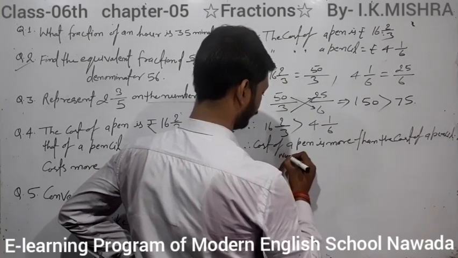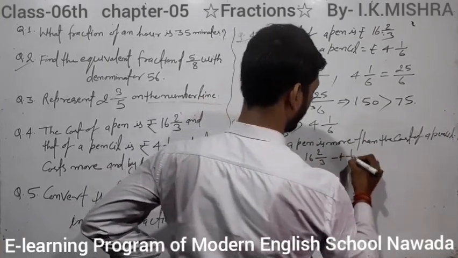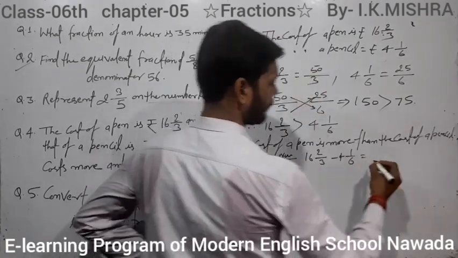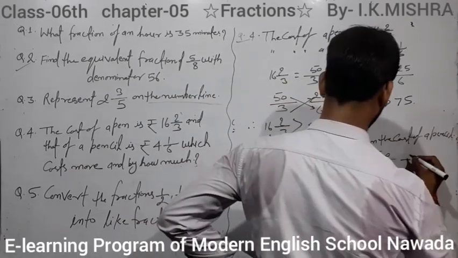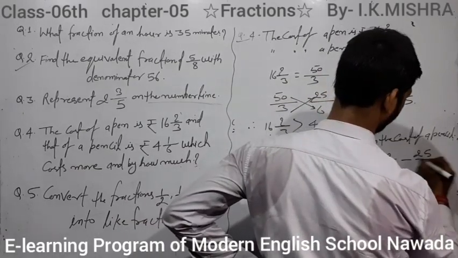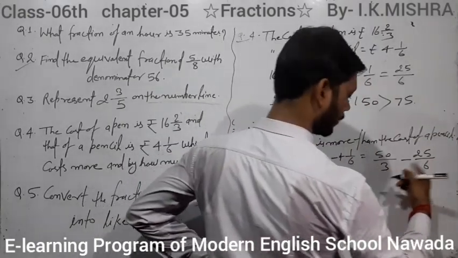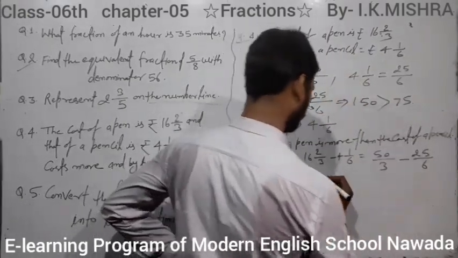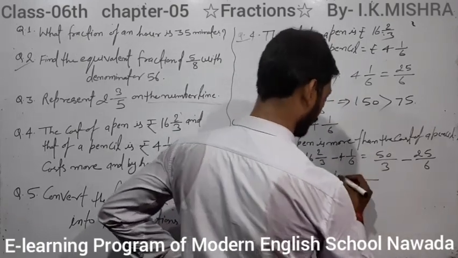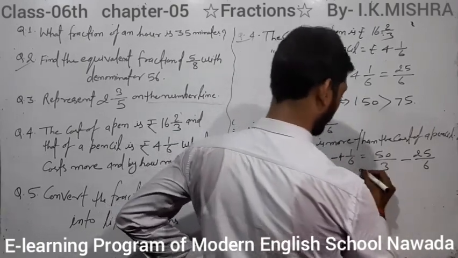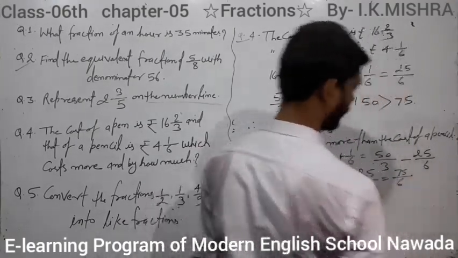Now, 16 whole 2 by 3 minus 4 whole 1 by 6. That means 50 by 3 minus 25 by 6. Here, friends, the LCM is equal to 6, and 2 times 50 is 100 minus 25, which is 75 by 6.